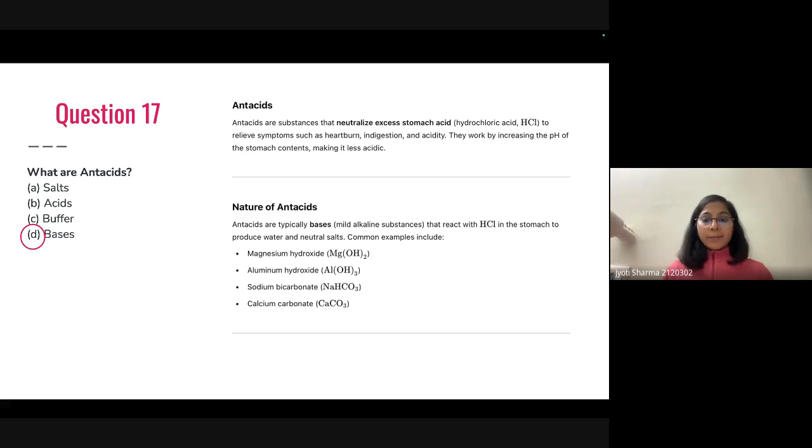And these are bases, for example magnesium hydroxide, aluminum hydroxide, sodium bicarbonate, or calcium carbonate. These are mild alkaline substances, and whenever these bases react with the acid, this is how you can neutralize the stomach acid. Okay, so antacids are bases.